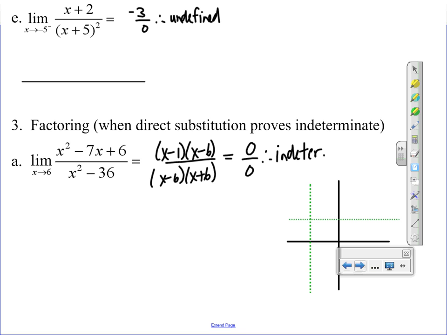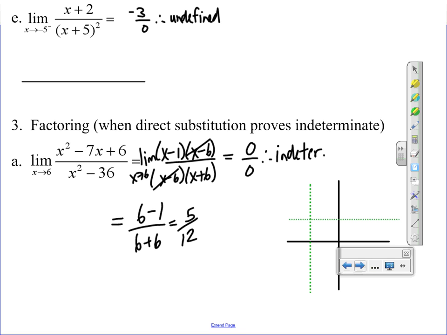So that means there's a hole at x minus 6. So these are going to cancel out. And once they cancel out, I'm sorry, there should still be a limit expression right there. Once they cancel out, I can replace x with 6 in the equation. I get 6 minus 1 over 6 plus 6, which is 5/12, and that will be the limit.